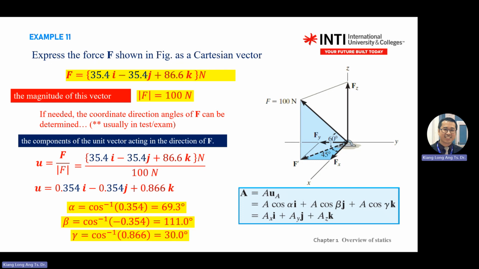Understand? This one is cos alpha, cos beta, cos gamma. You inverse the cos, you get alpha, beta, gamma. Make sense?